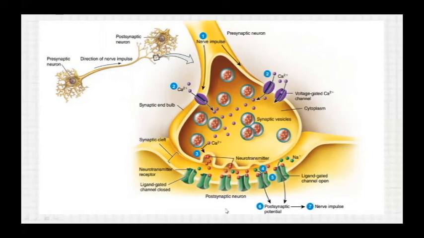There is a small gap called synaptic gap or synaptic cleft, and from that, neurotransmitters are received through the neurotransmitter receptors.